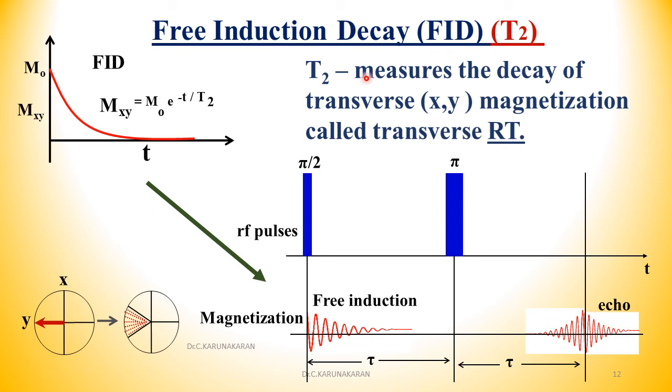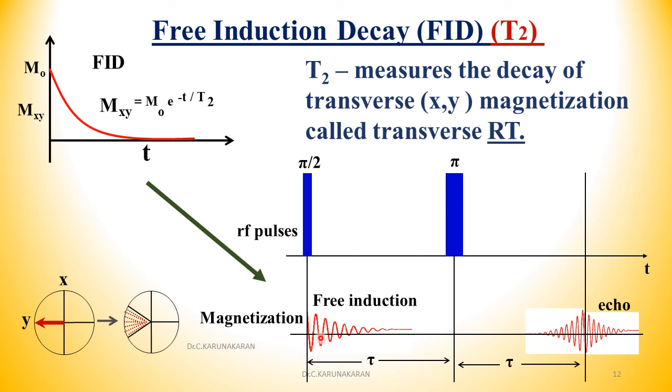T2 is a measure of the decay of the transverse magnetization, called the transverse relaxation time. It is also called the spin relaxation time, transverse because of the transverse relaxation process.